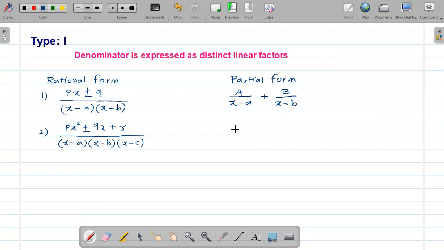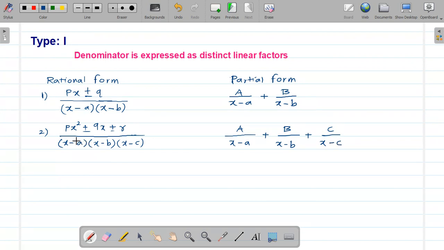And how will you convert it into partial form? You can convert it into partial form by taking the constant A upon x minus a plus B upon x minus b plus constant C upon x minus c.